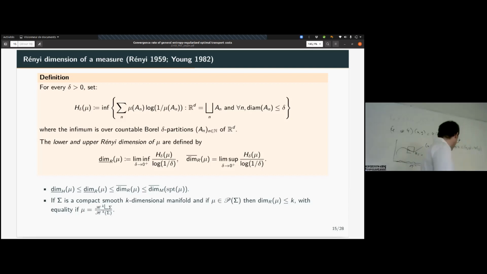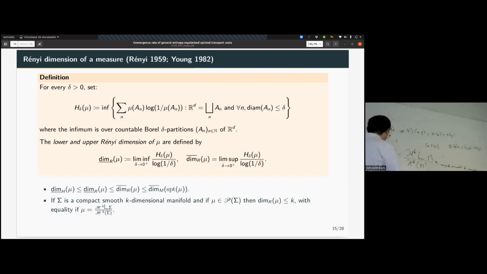For example, let's say mu is the k-dimensional Hausdorff measure restricted to M, which is a compact set. Okay, we have probability measures, so I will normalize it.